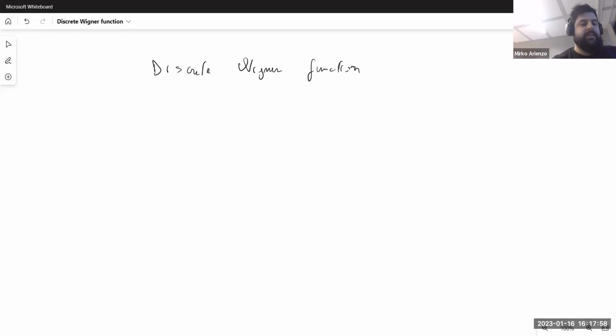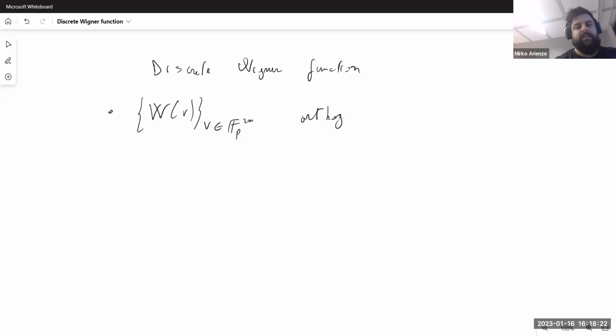And actually, the first thing that we need to observe is that the Weyl operators that we introduced last time form an orthonormal basis. W_A is an element in the discrete phase space.